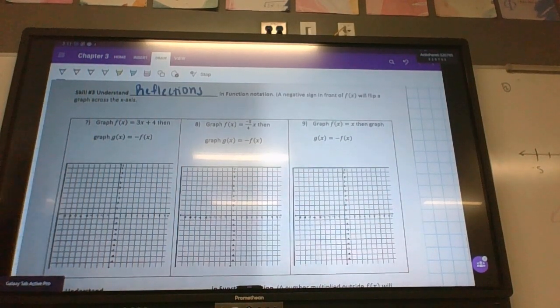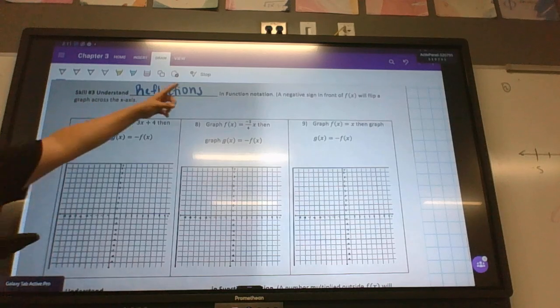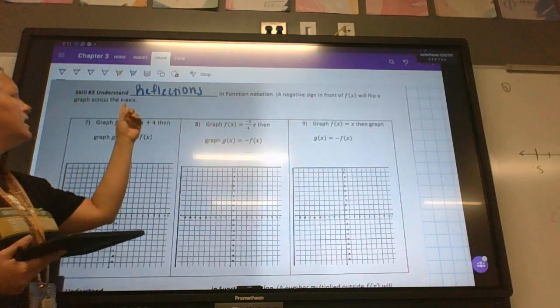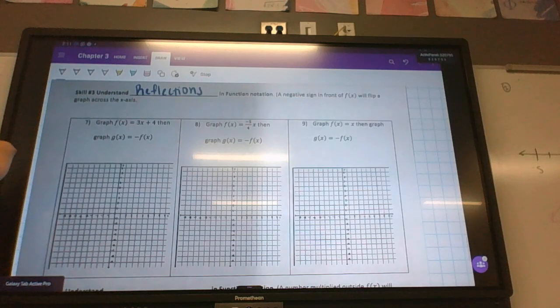All right, guys, listen. We are now going to practice a reflection. This time it's a reflection across the x-axis. In Algebra 2, we'll talk about reflecting across the y-axis and the x-axis. So, understanding reflections in function notation. A negative sign in front of f of x will flip a graph across an x-axis.